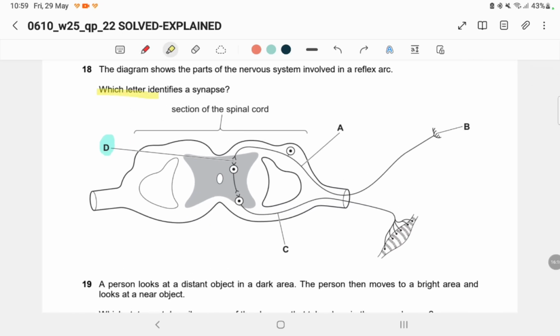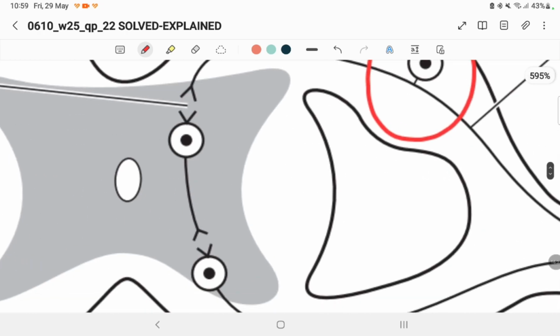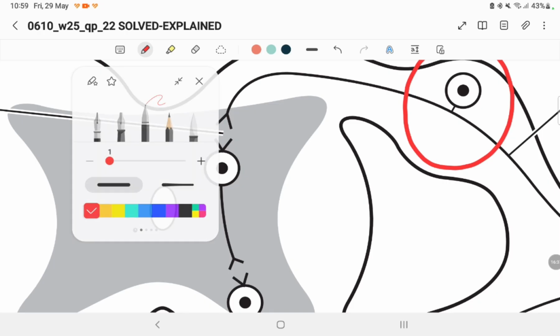Which letter identifies a synapse? We know that a synapse is a junction between two neurons. As you can see here, in letter B we have our sensory receptors. In letter A we have a sensory neuron, and the evidence is that we have a cell body in the middle of the whole neuron. And a synapse, as you can see, I'm going to maximize it for you, is a very small junction.